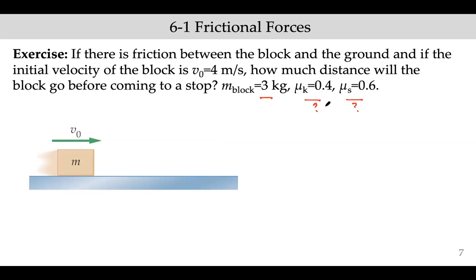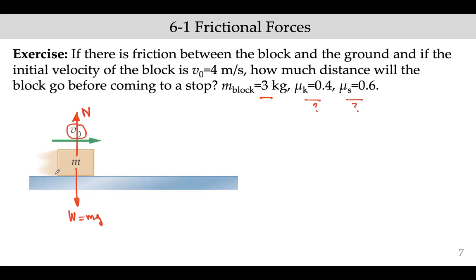So what do we do? First, we start with the free body diagram, right? Let's first show the forces on the block. There's going to be some weight, which is always mg. There is going to be a normal force, not always mg, but sometimes mg. We will now calculate what it is. Now the block is moving to the right, even though there's no force, but it has some initial velocity.